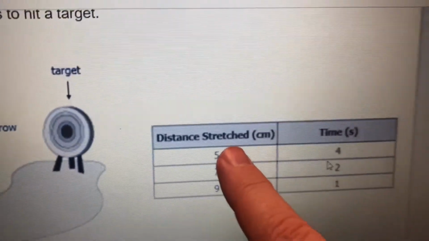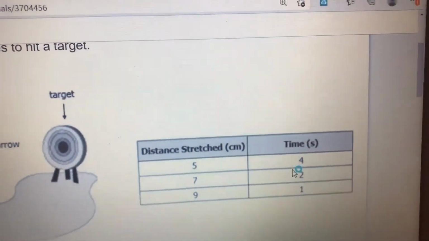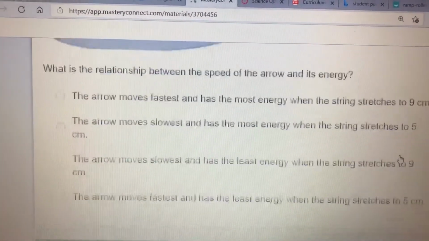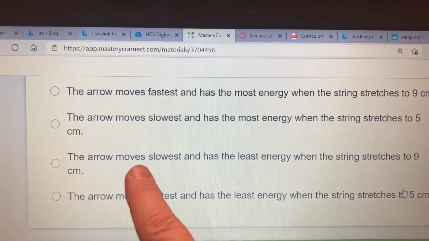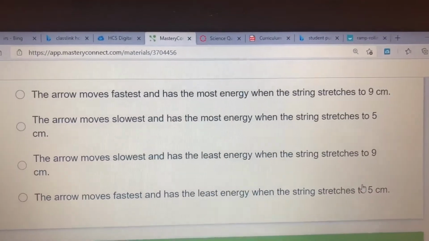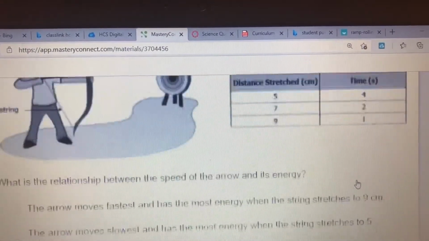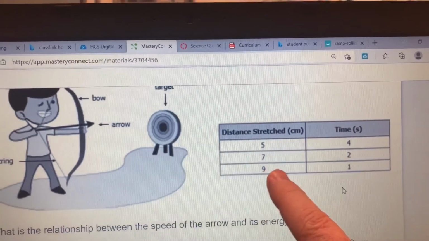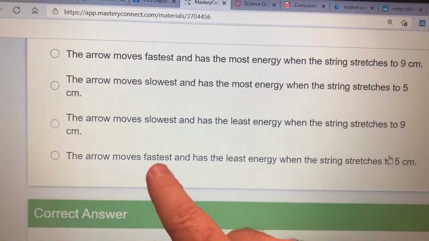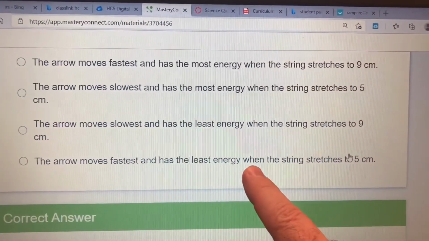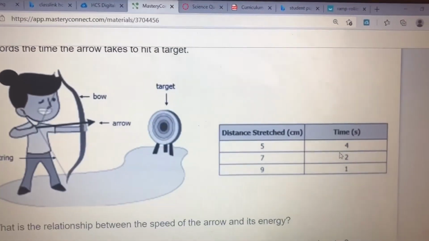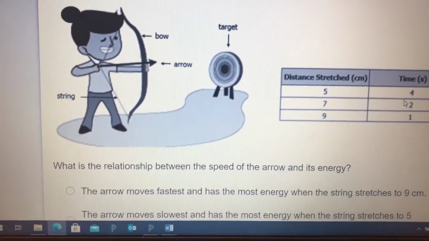So 5 centimeters is 4 seconds. The arrow moves slowest and has the least energy when the string stretches to 9 centimeters. Least energy. And the arrow moves fastest and has the least energy when the string stretches to 5 centimeters. Here is 5.